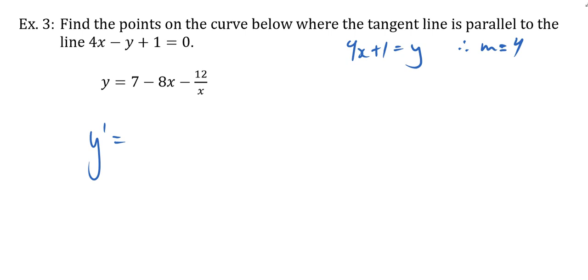Derivative of a constant is 0, so 7's gone. Derivative of negative 8x is negative 8. And the derivative of negative 12 over x, change the sign, because that's x to the negative 1. Then it's going to be 12x to the negative 2, so it's actually 12 over x squared. That's a good trick. If you just have 12 over x, the derivative is change the sign over x squared, right?